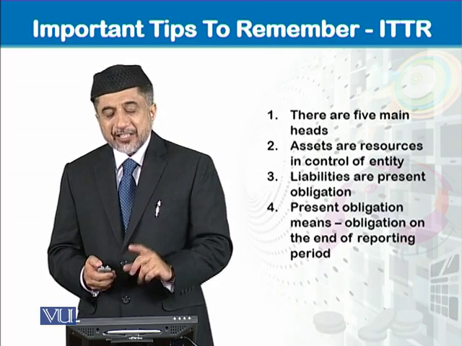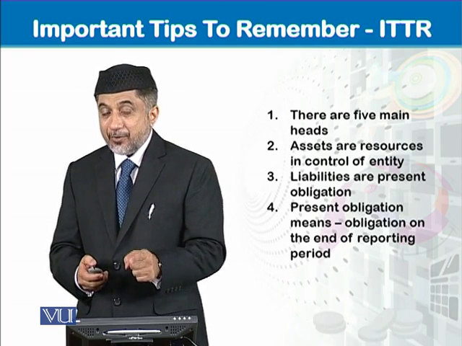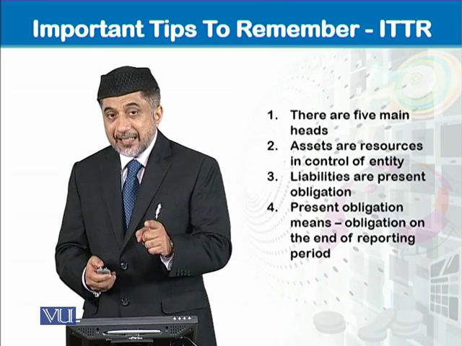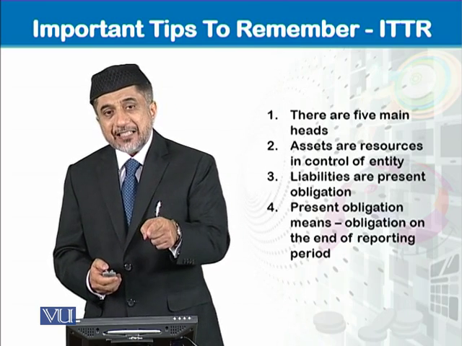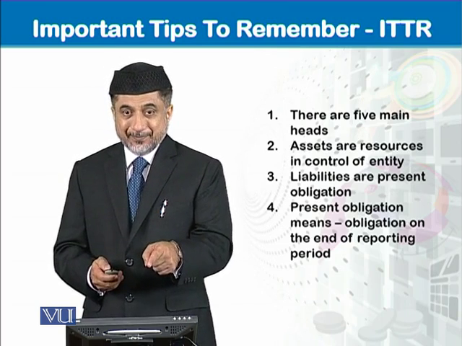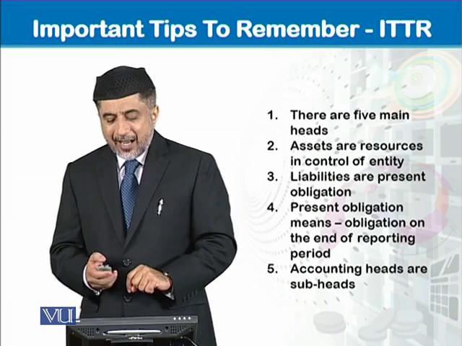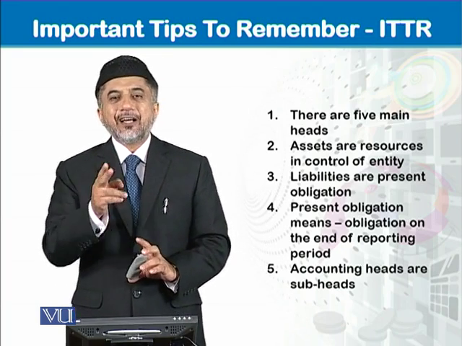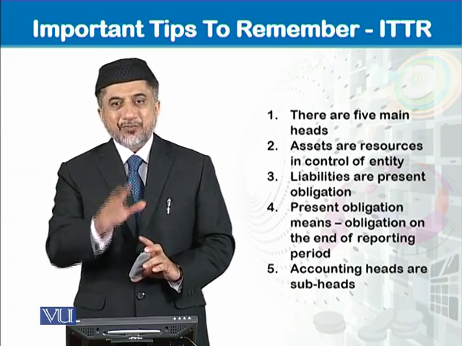And present obligation means, this is a very important tip to remember, obligation of the entity at the end of the reporting period. And the accounting heads are in fact the subheads of the 5 main heads of accounts.